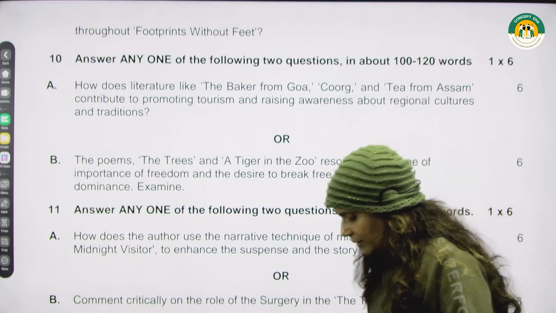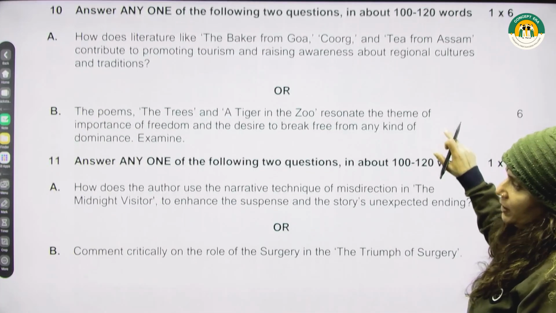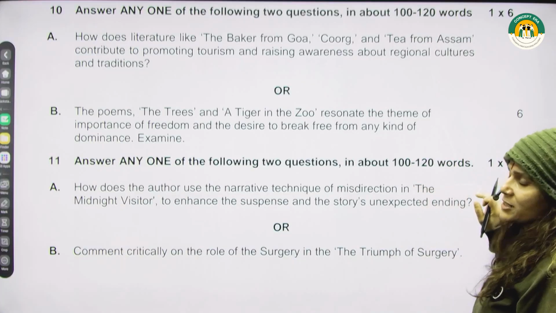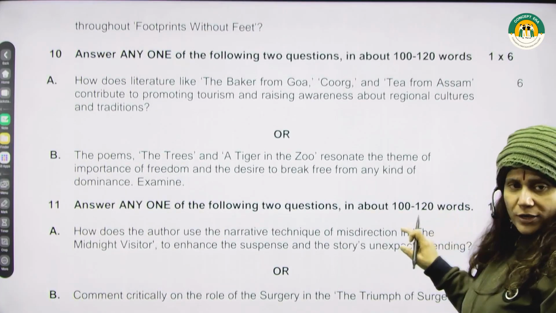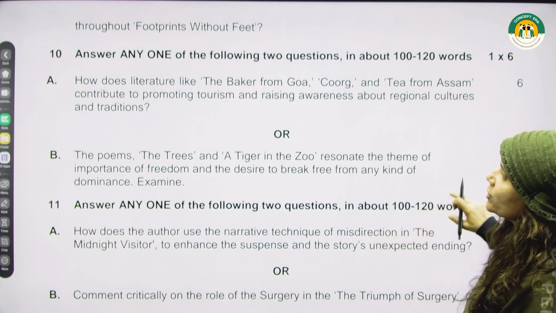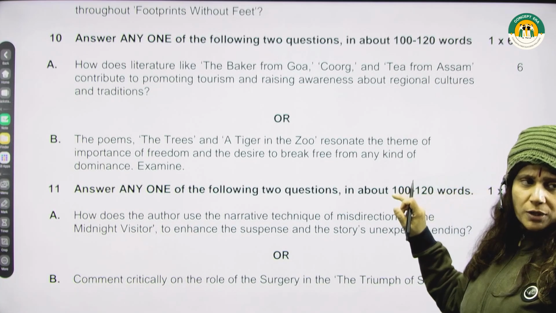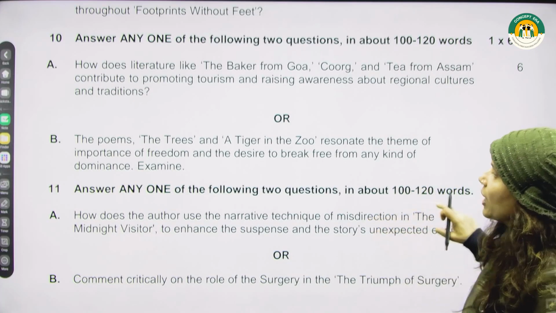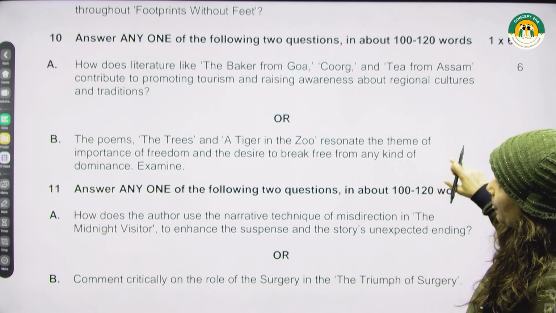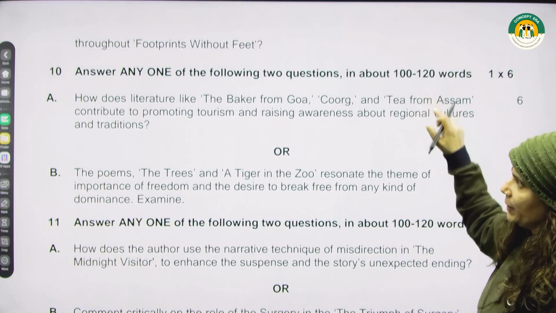Basically, question number 10 and question number 11 would be competency-based questions. These are open-ended questions where the child is supposed to show the comparison and the contrast between 2 chapters or more than 2 chapters. And here we have to adhere to the word limit.